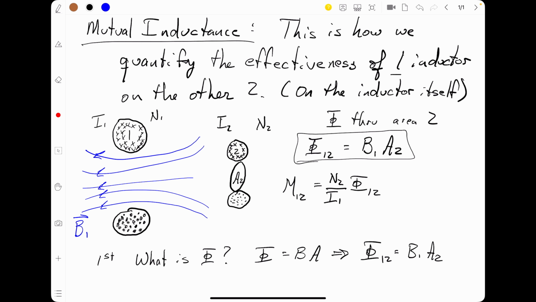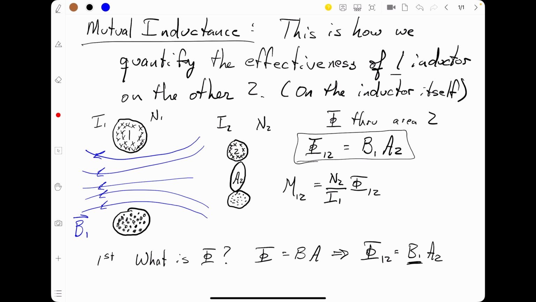Okay, so if we have N coils that carry I1 current in them, then that is going to generate a larger B field. So we could have a lot larger B field because I1 has N1 coils in it.